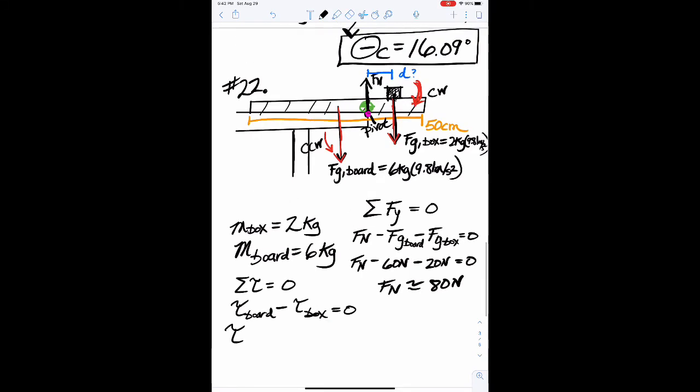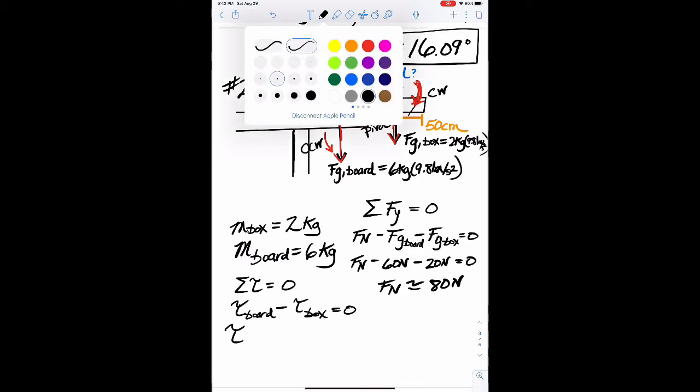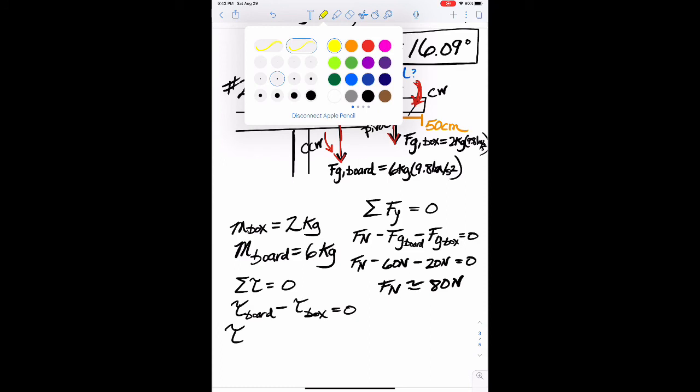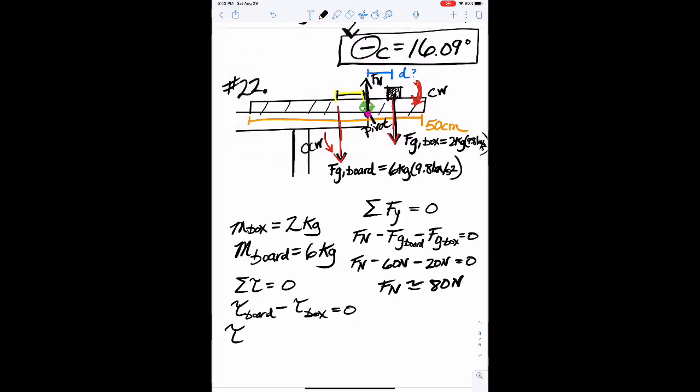What is this distance right here in yellow? You should be able to see that. All right, we know that the force of gravity of the board should act halfway, so this right here is 25, right?